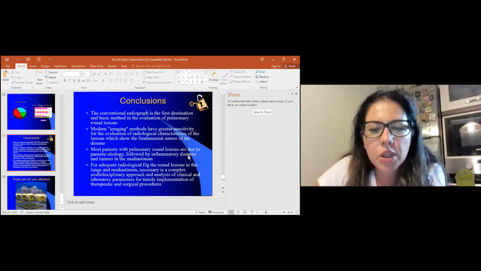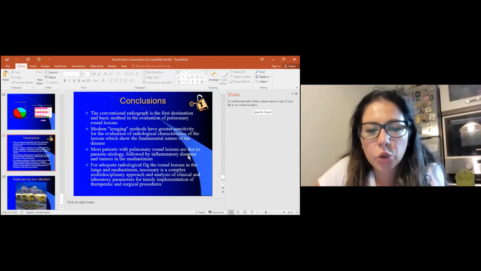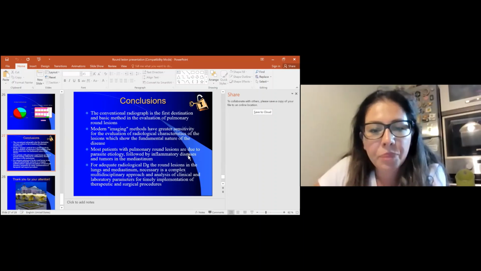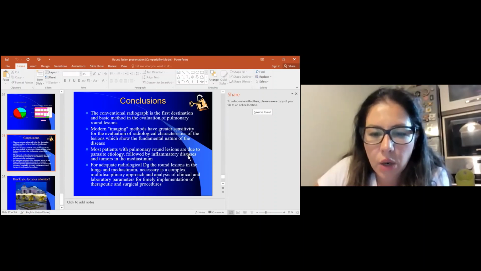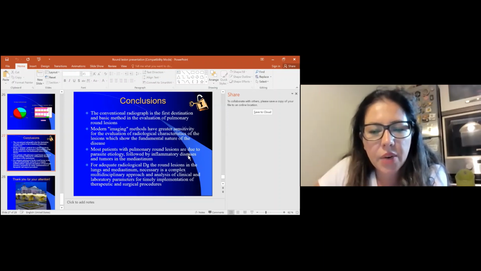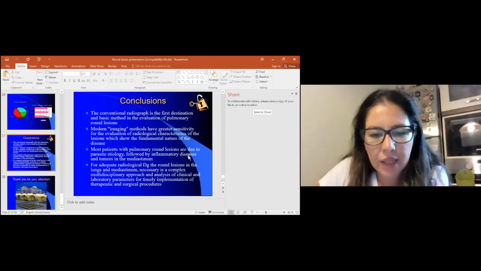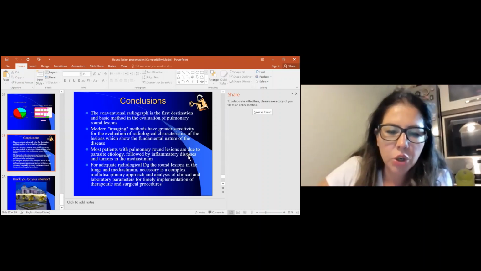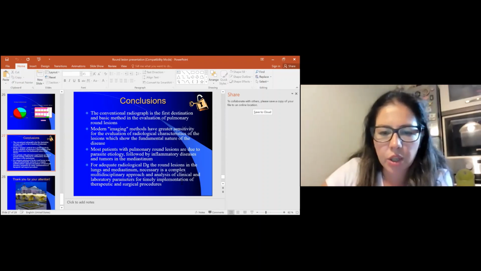Most patients with pulmonary round lesions have parasitic etiology, followed by inflammatory diseases and tumors in the mediastinum. For adequate radiological diagnosis of round lesions in the lungs and mediastinum, a complex multidisciplinary approach and analysis of clinical and laboratory parameters is necessary for timely implementation of therapeutic and surgical procedures.